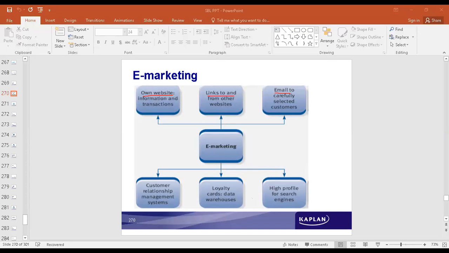Any one of you about any loyalty card? See, for the regular customers, there are certain features. Loyal customers, there are certain benefits that are provided.